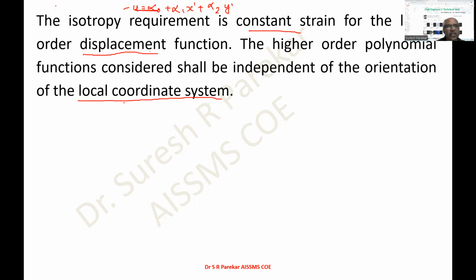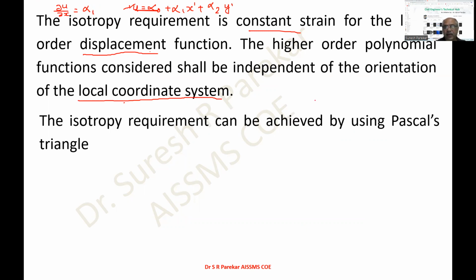Now if we go by du by dx, which is my strain, then we will get the first term becomes 0, second we will get alpha 1, and third again becomes 0. So your strain is constant, but your displacement is linear.